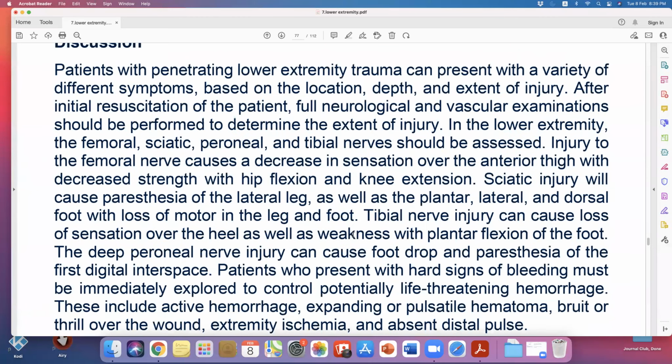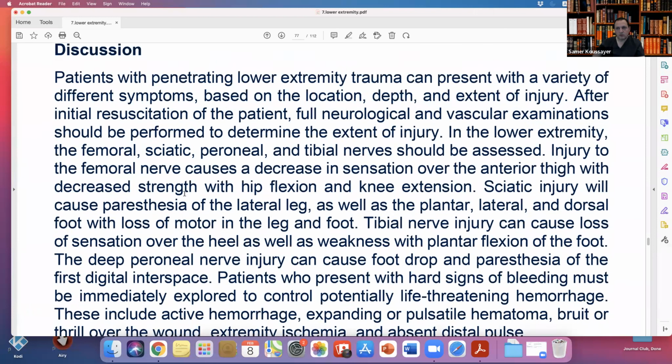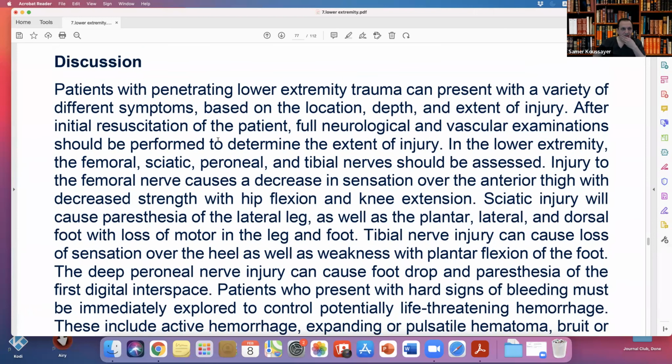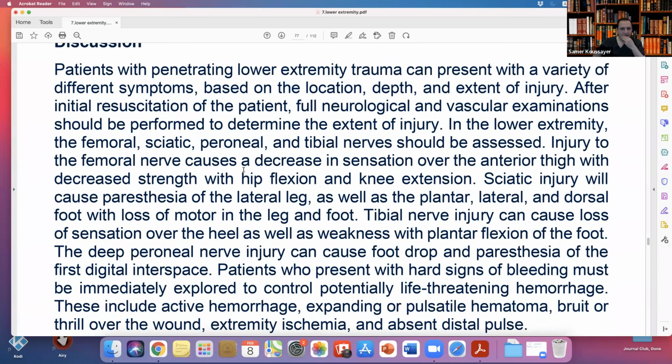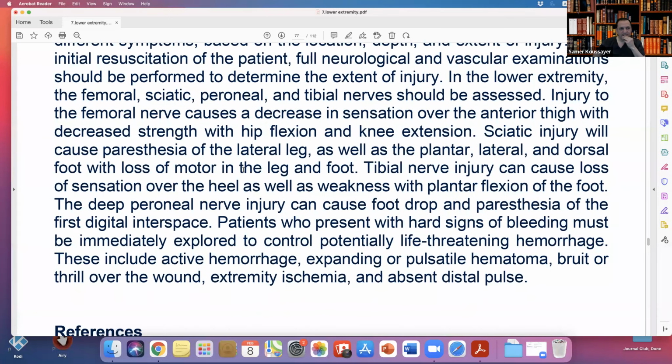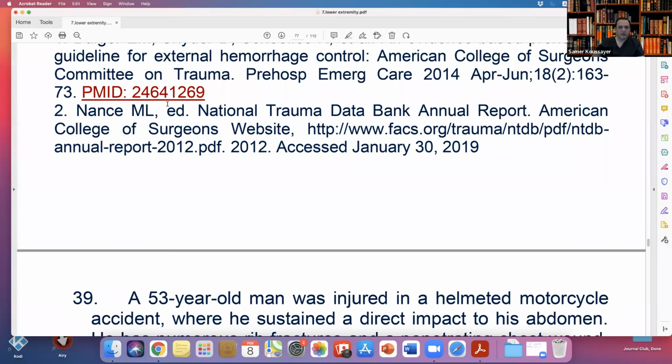Injury to the femoral causes decreased sensation. All right, guys, I think you just have to read it. All right, let's go to the next question.